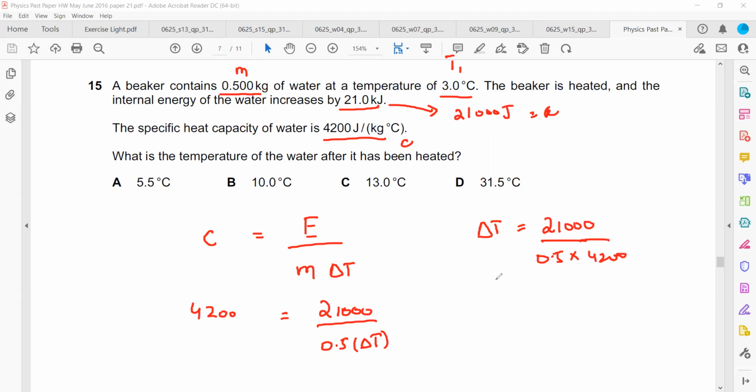So when we simplify this, the change in temperature, delta T, comes out as 10 degrees.